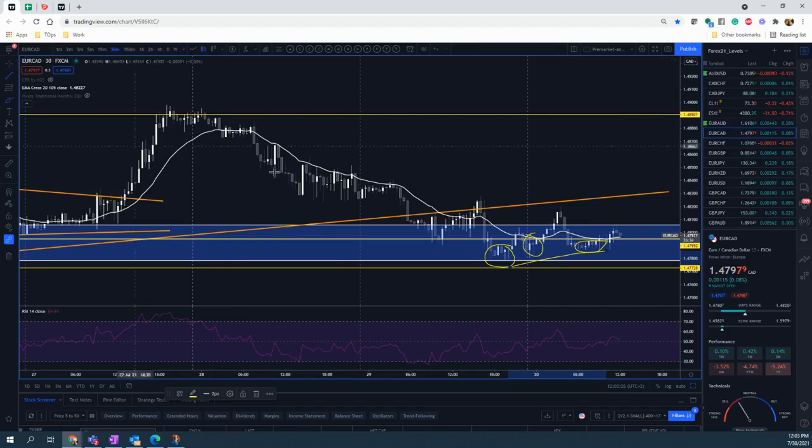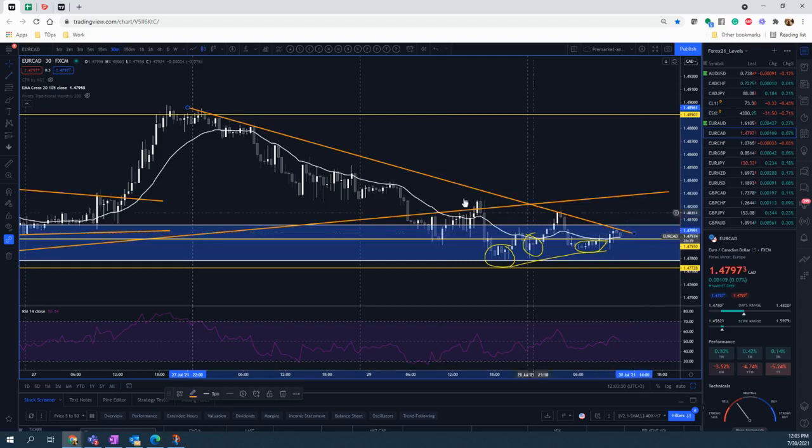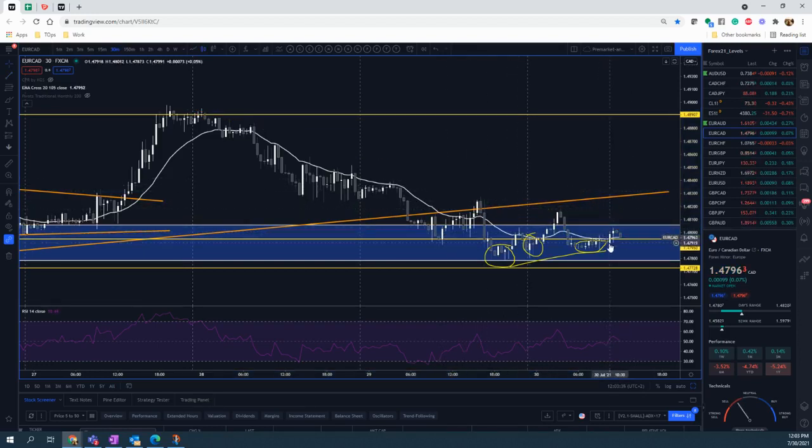What really confirms the reversal is a break of this trend line. But even without that, we can already spot a nice opportunity here, because the price is now creating higher lows at the very first stage or first consolidation.